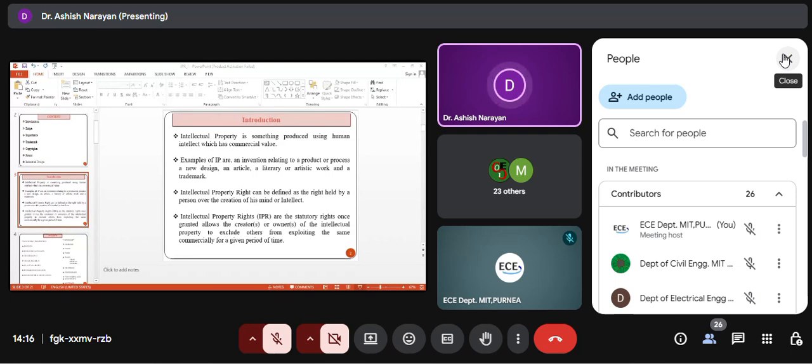Copyright. The term originated in copyright law, meaning that the work originated with the author.